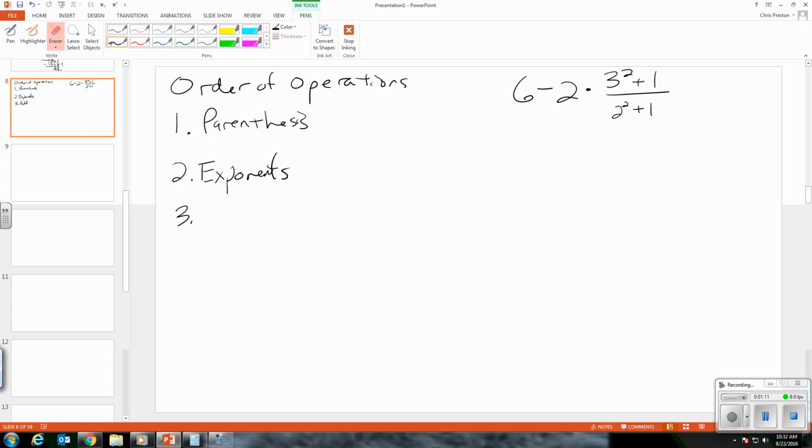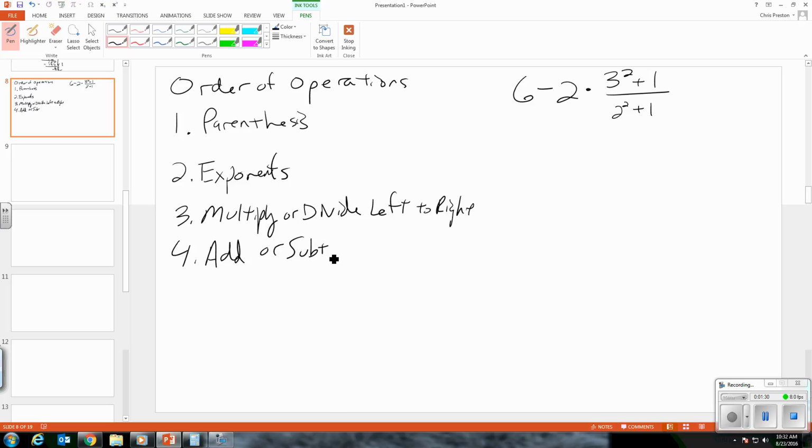Let's try that again. Multiply or divide left to right, and add or subtract left to right.